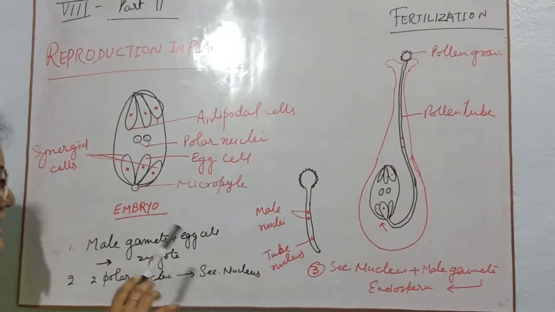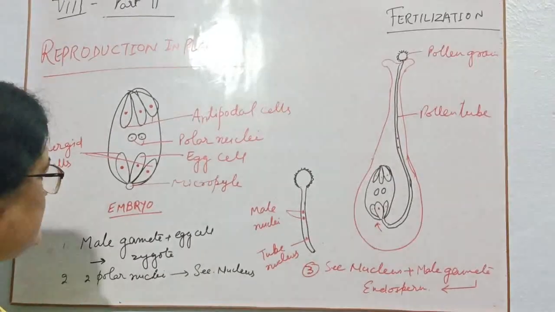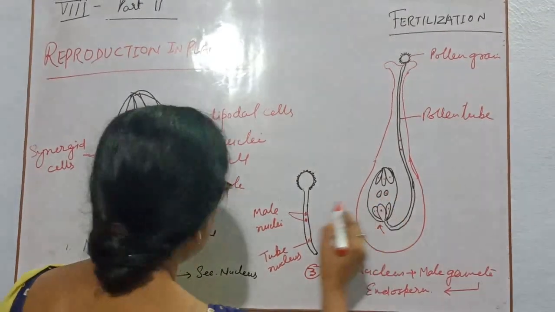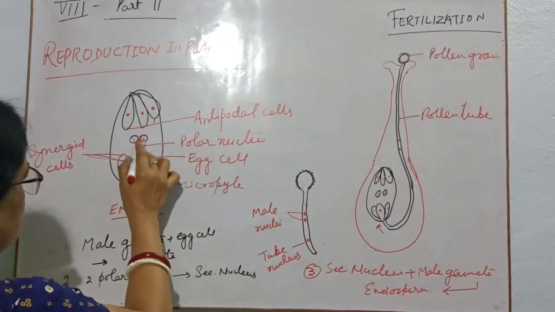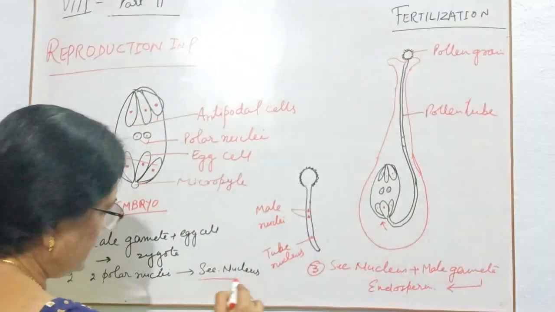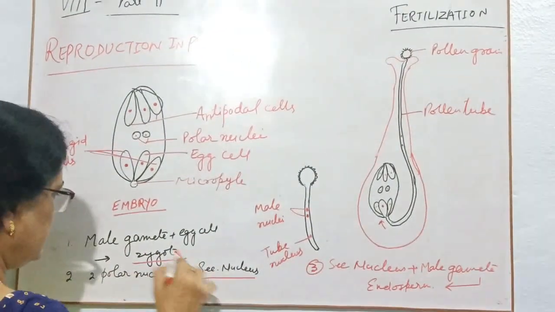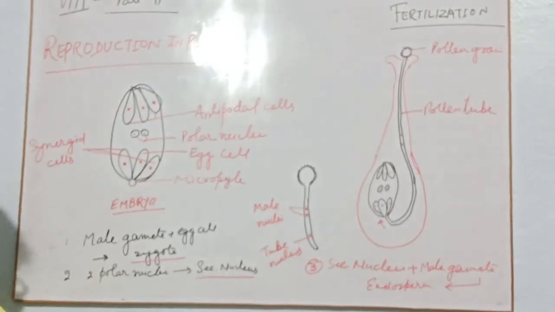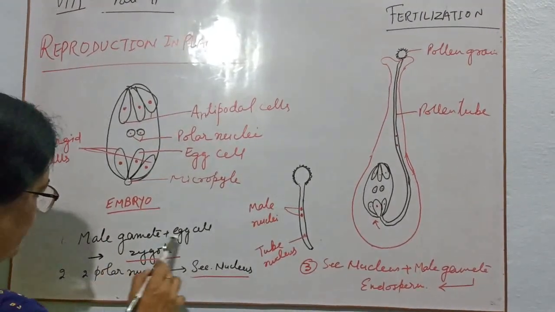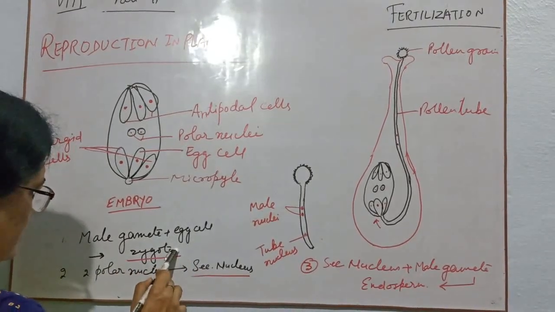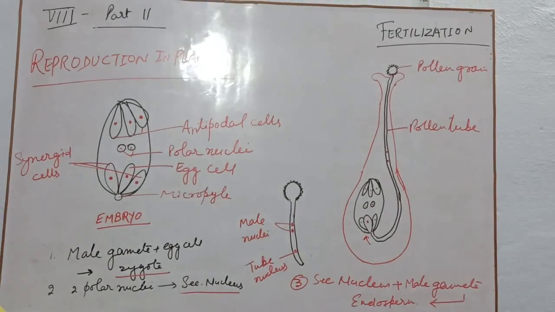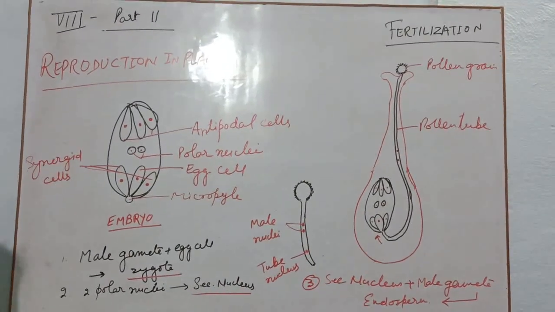In between, at that time, these two polar nuclei will fuse together and will form the secondary nucleus. So this is another type of fusion. One fusion, that is male gamete plus egg cell, will form the zygote. The zygote will grow into the new plant or new organism.